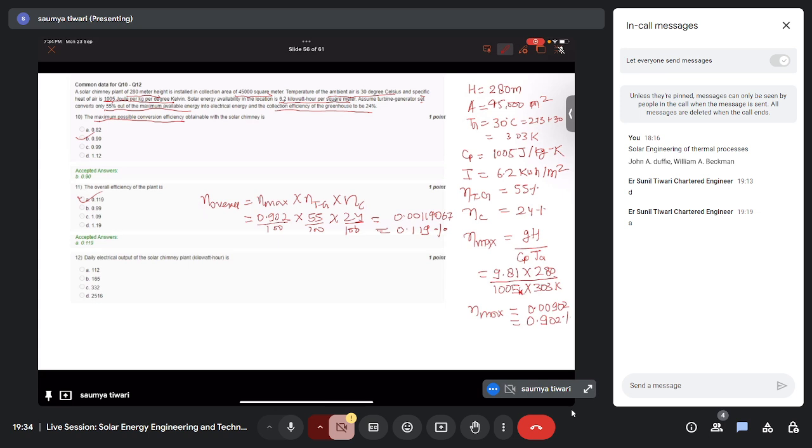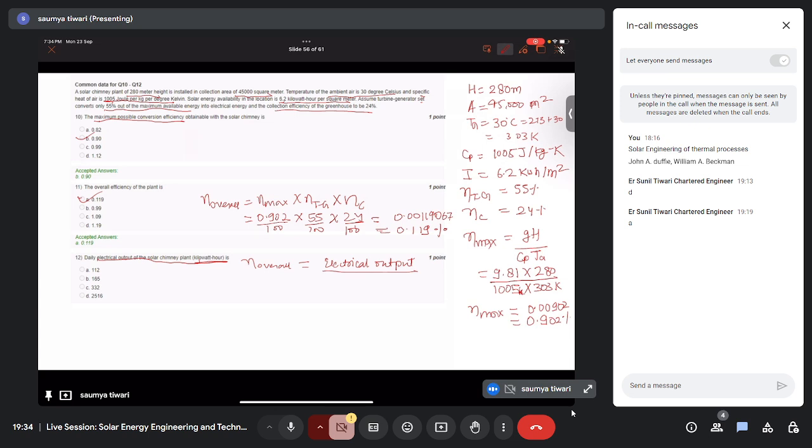Now the next part is the daily electrical output of the solar chimney plant in kilowatt hour. So we know the overall efficiency is equal to your electrical output upon your input.